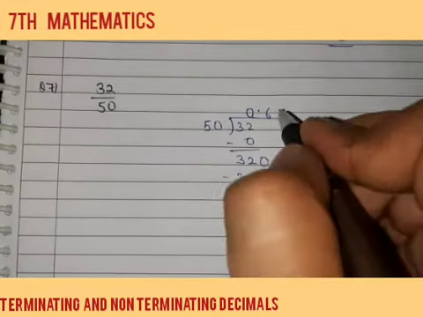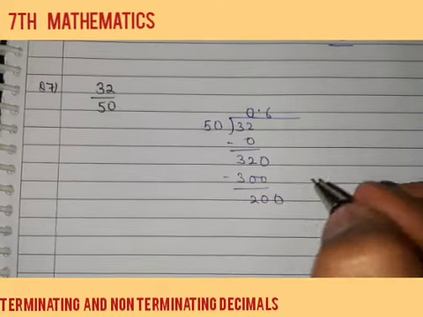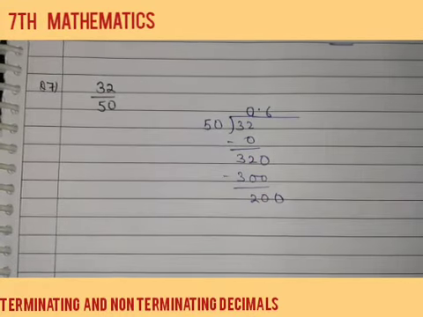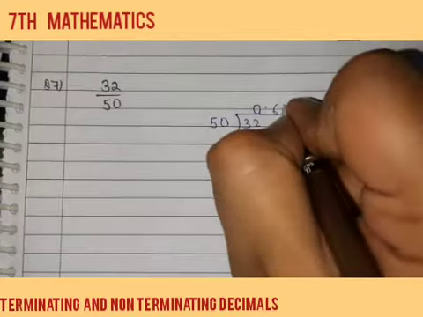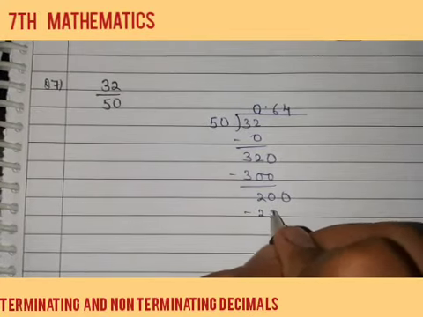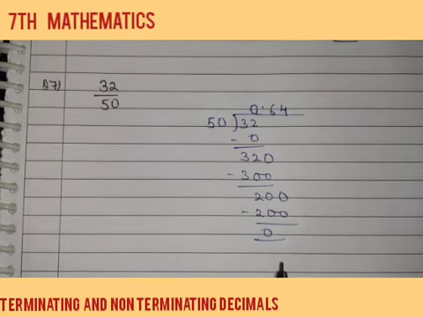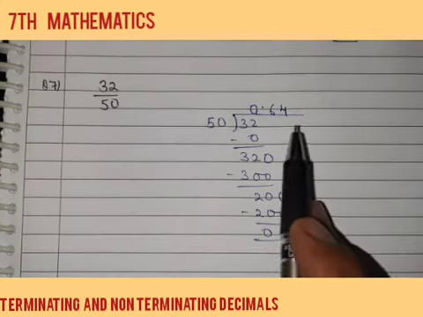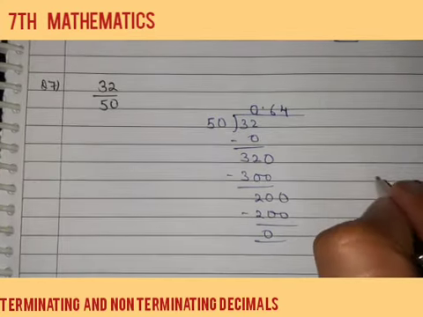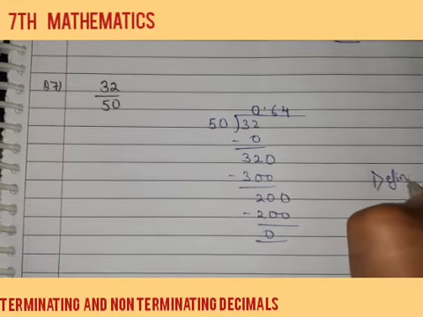Since there is a decimal right here, 0, we know 50 into 4 is 200. Write it down. That means since the remainder is 0, we can say that this is an example of a definite decimal.